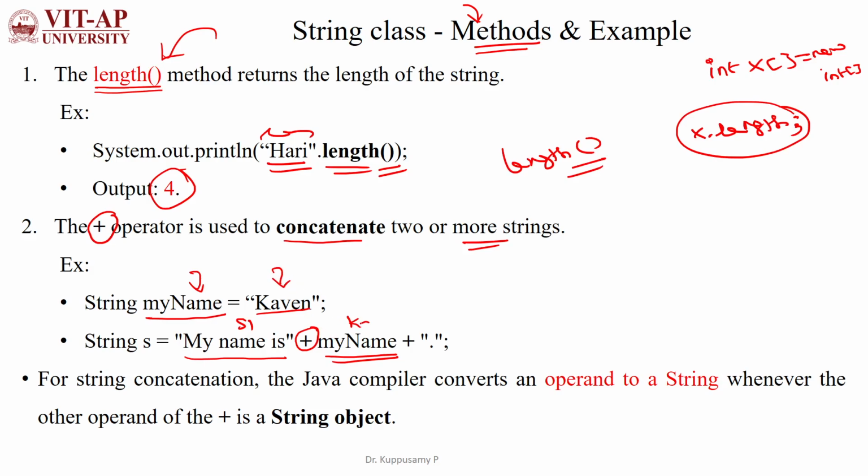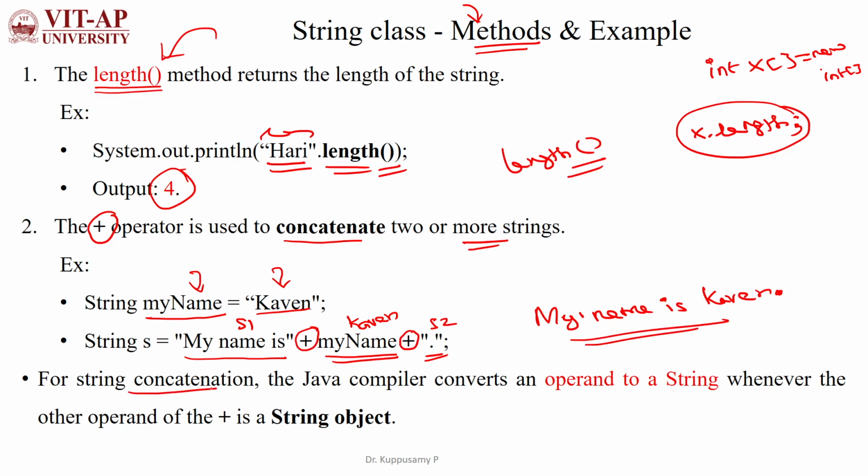Then we use one more concatenation, that is string 2, the dot. So now the output will be: my name is Kavin, then the second string, dot. The output will be displayed like this.